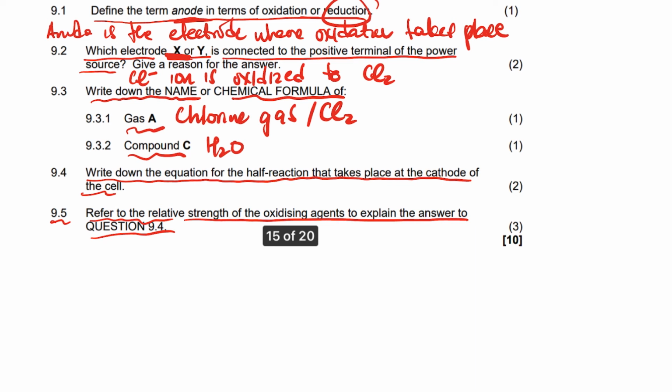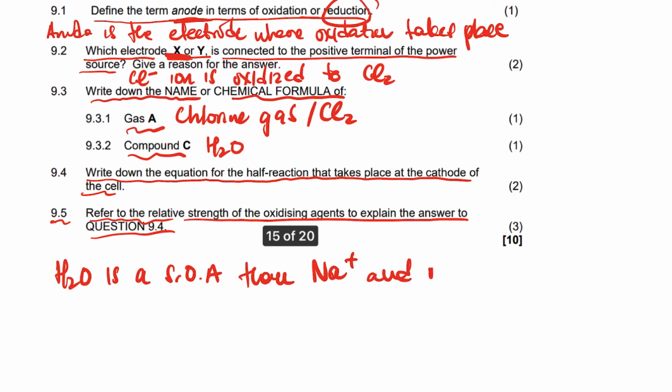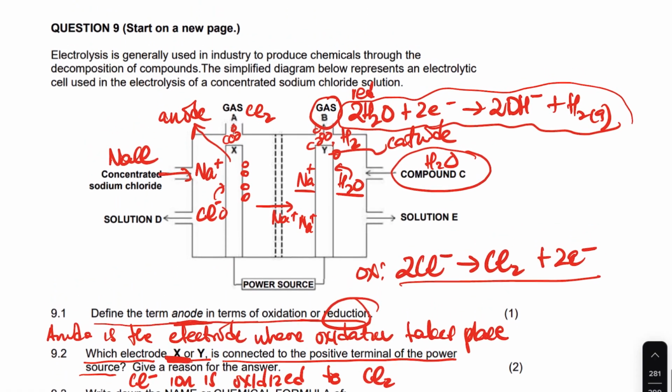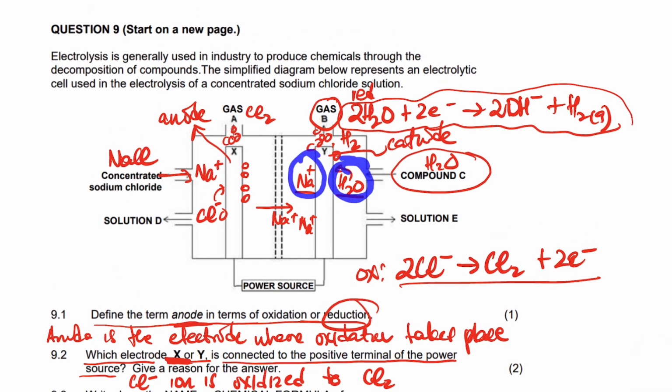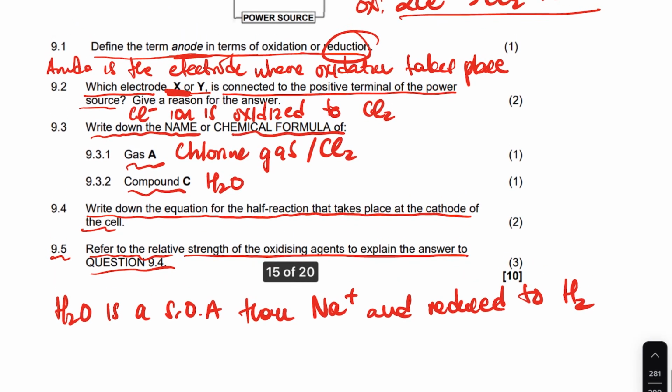You can say water is a stronger oxidizing agent than sodium ion, and water is reduced to hydrogen gas. Between these two, water is the stronger oxidizing agent, which is the one that is going to be reduced there. Water is reduced to hydrogen gas. I hope that makes sense, guys. Cheers, bye.